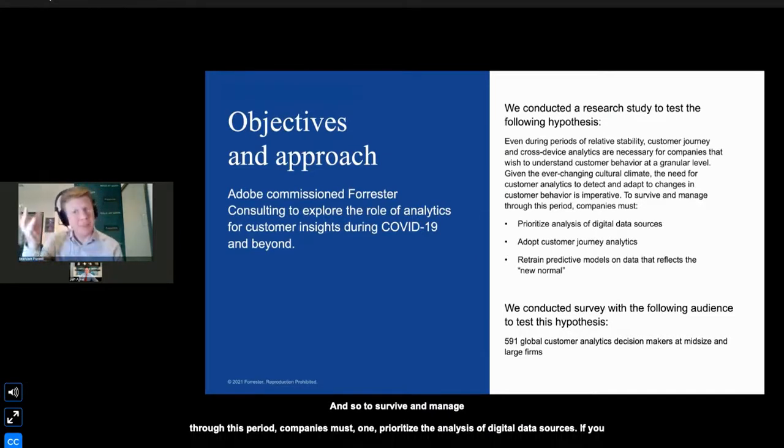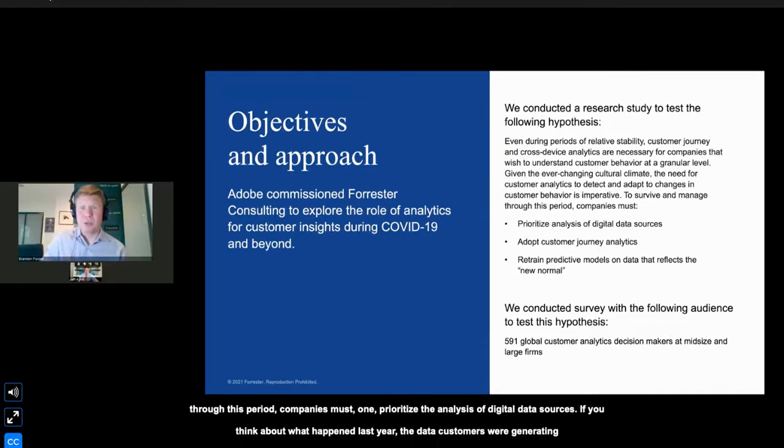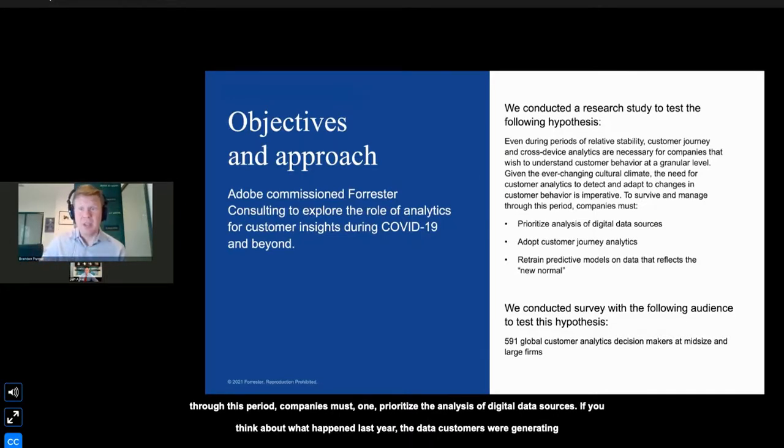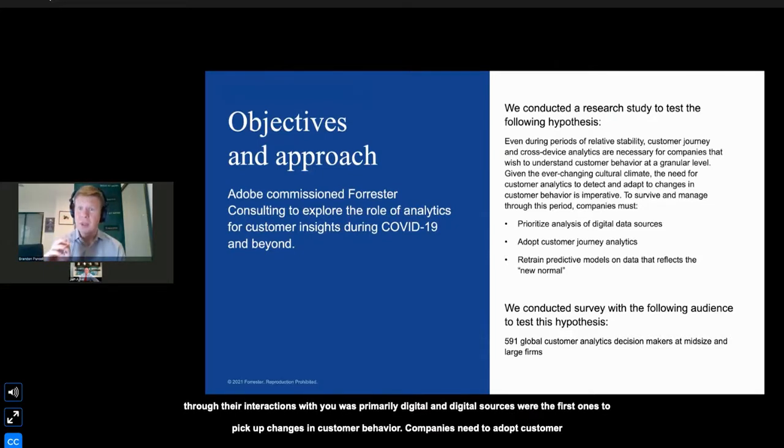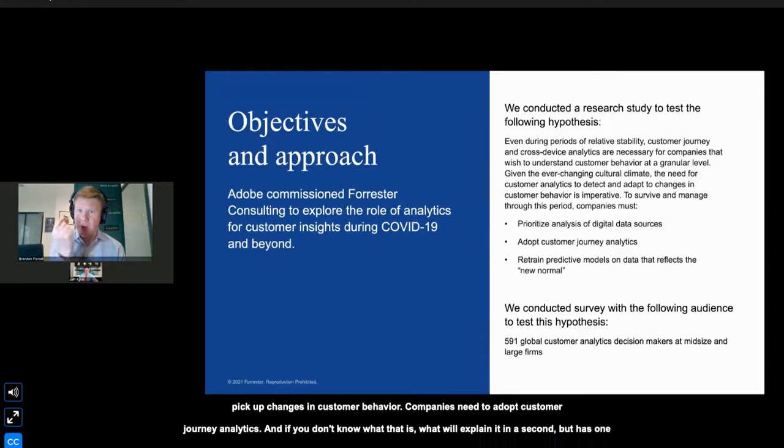If you think about what happened last year, the data customers were generating through their interactions with you was primarily digital, and digital sources are the first ones to pick up changes in customer behavior. Two, companies need to adopt customer journey analytics, and if you don't know what that is, we'll explain it in a second, as one of the core customer analytics techniques that yields value.